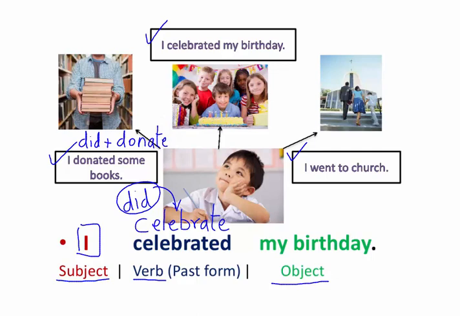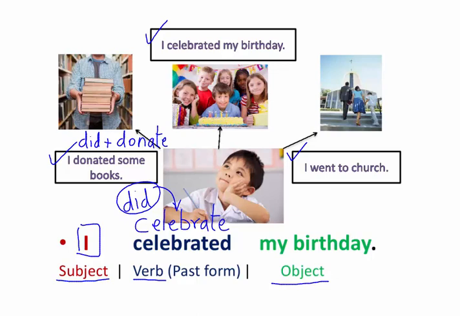Right. Now think about this one. I went to church. I is the subject. Good. Went is the main verb. To church, that is the object, right?